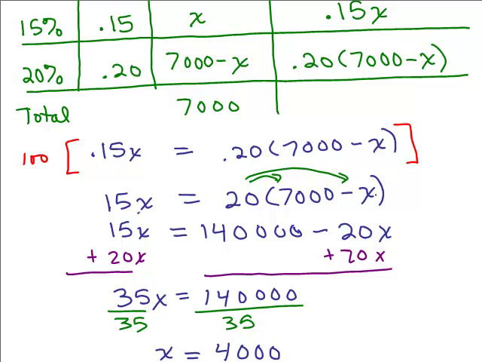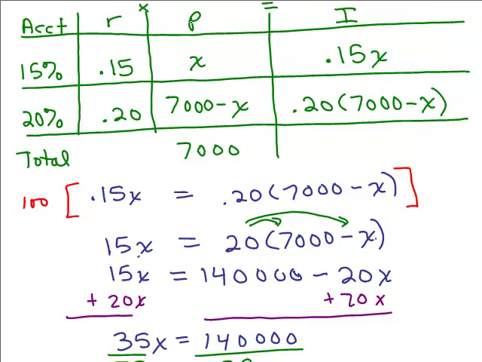What did x stand for? Let's look back up. In my picture here, x stood for the amount of money I put in the 15% account, the principal here. So here's my x. So now I know x was $4,000.